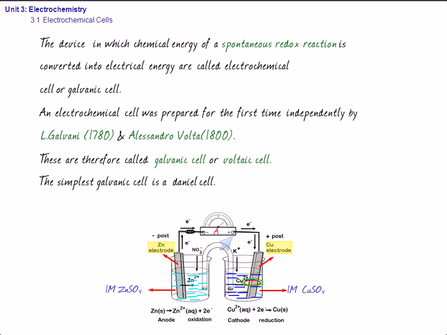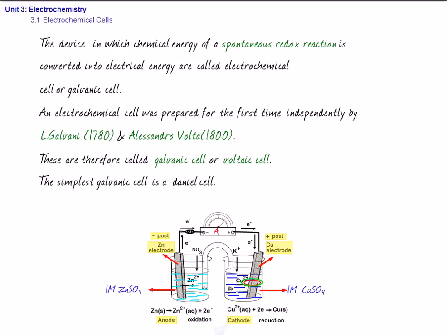Now this zinc is the anode. It is a negative terminal, but it is the anode. Please remember, the negative and positive sign has nothing to do with the anode and cathode. This is positive but cathode. This is the point where many of the students get confused. I just want to tell you that anode is not the electrode where the negative charge is accumulated. Anode is the electrode where oxidation takes place.